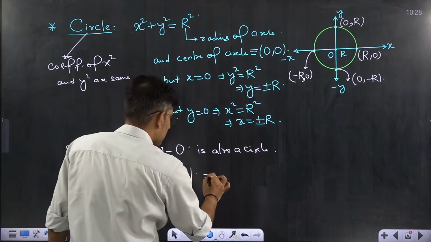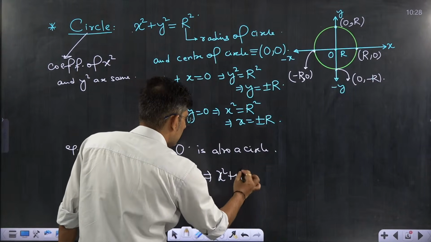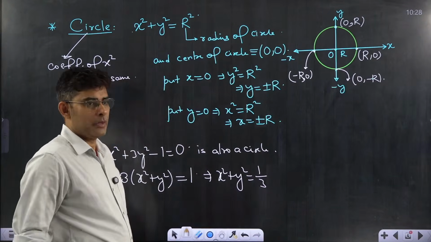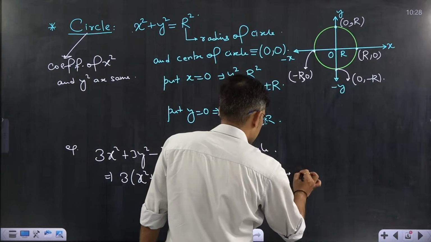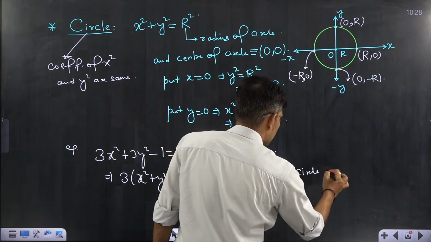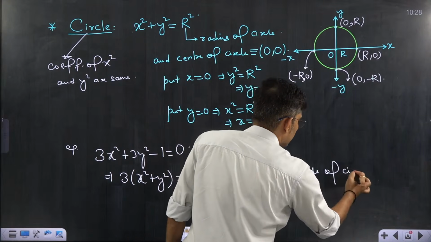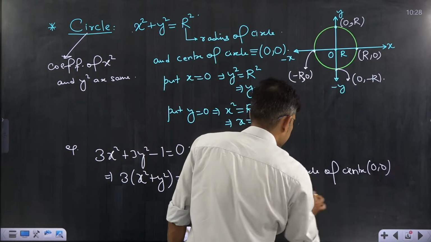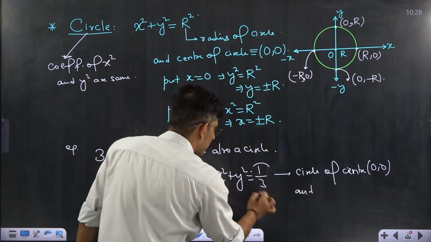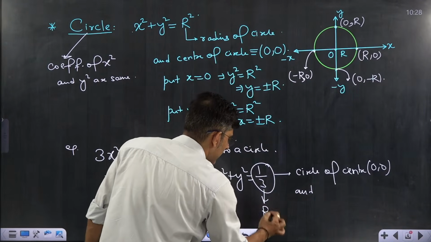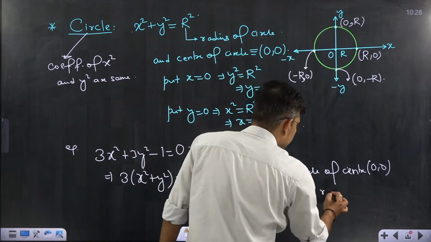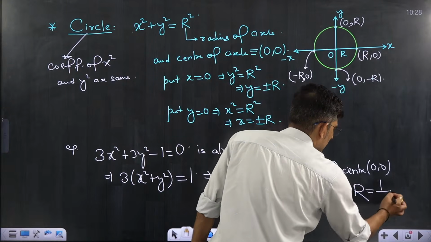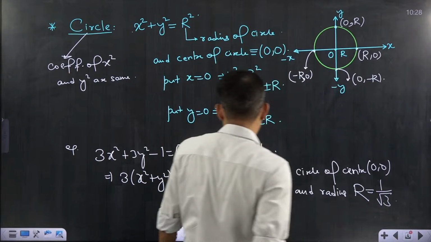So from here, you are getting x square plus y square is 1 by 3. So this means it is also a circle with center at origin, and this 1 by 3 becomes r square. So its radius r is 1 by root 3.